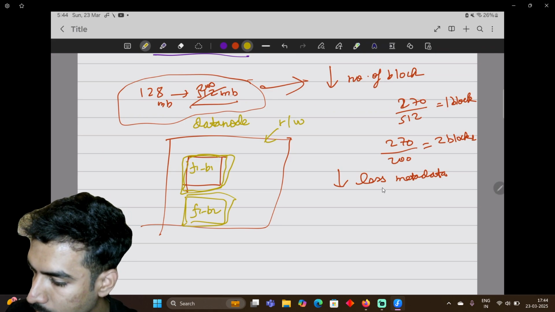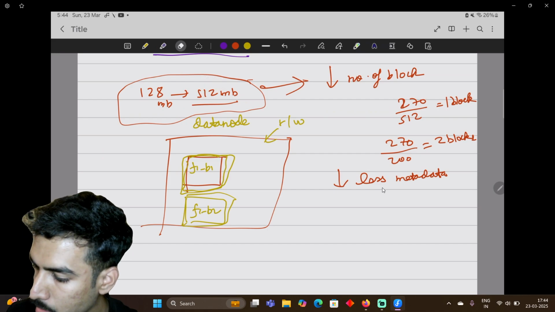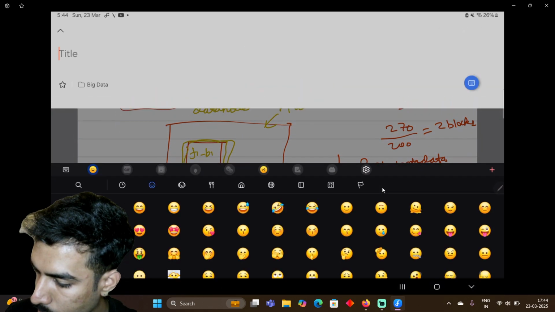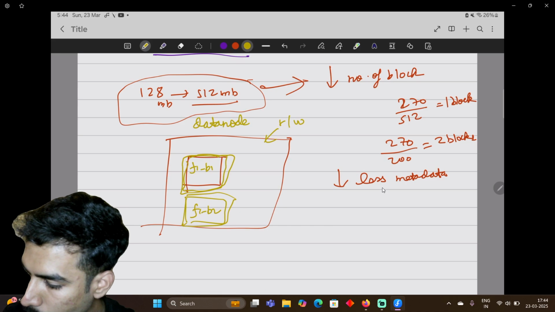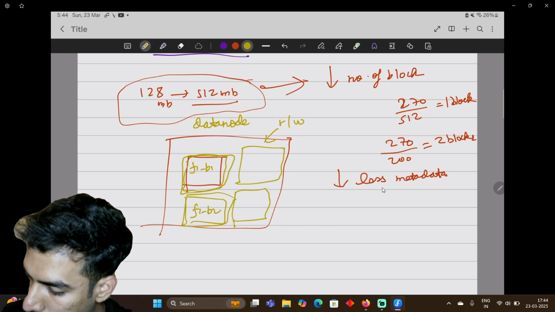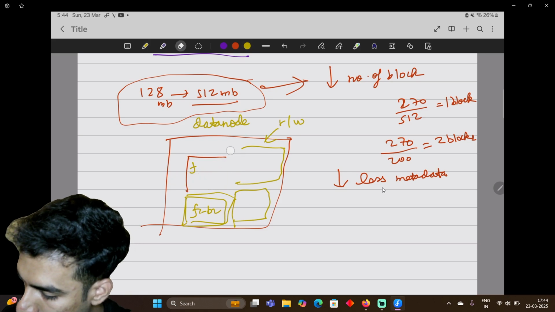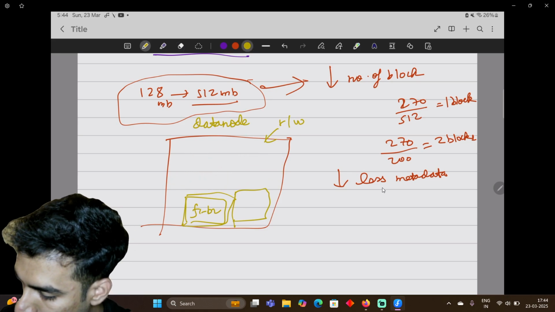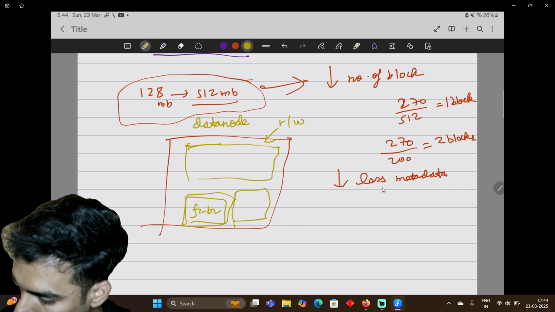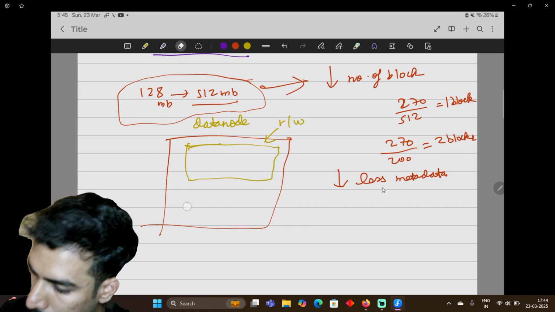And if it was 512 MB, like the original, then this block would have been even bigger.